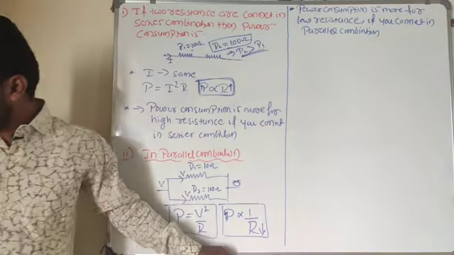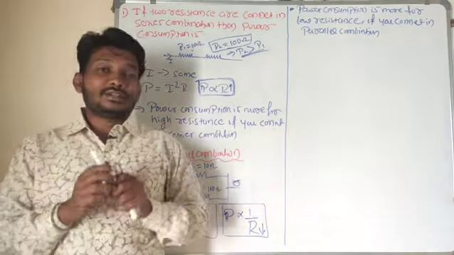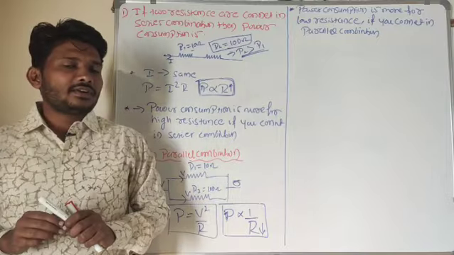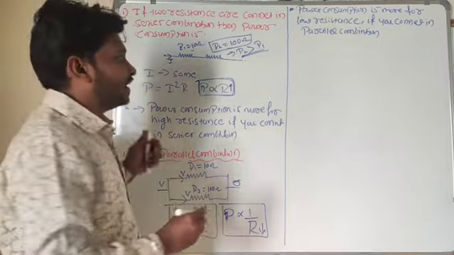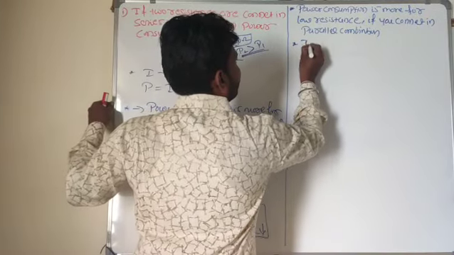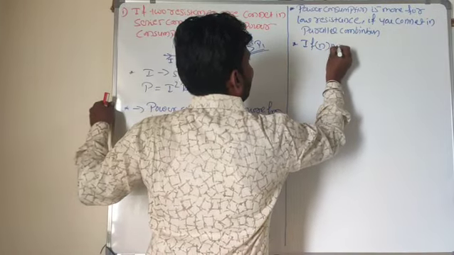For example, if I am having n number of resistances, those n number of resistances you can connect in series combination, then what is the power consumption I can consider here?